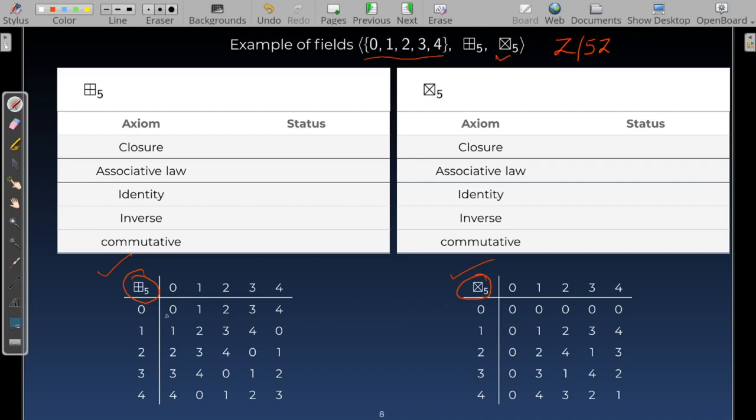Now in this additive Cayley table, you can see that in each and every column the elements are all different. For example, here all the elements are different, here all the elements are different. No two elements in a column or in a row are equal. So it means that it is going to satisfy closure.